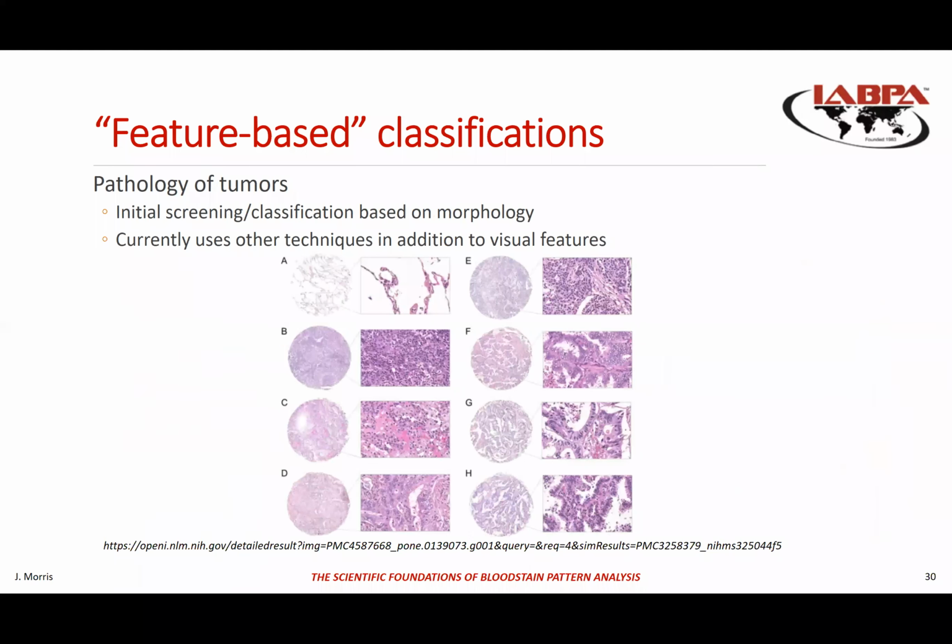Another group of people that uses visual features for classification is pathologists, specifically those who are determining the pathology of tumors. The initial screening and classification of these tumors is based on the morphology or the shape of those cells. Let's say my doctor finds a mass in my intestine, and they want to know, is that mass cancerous?